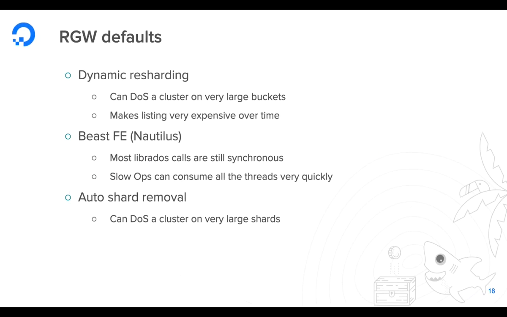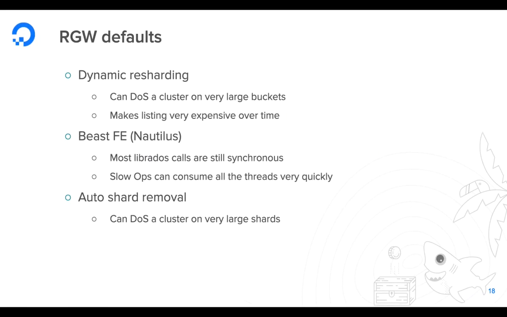We found in our testing that this performed extremely well, impressively well compared to CivetWeb in normal cluster conditions. But when we have this type of issue, not so much. So we tried to increase the number of threads in Beast and did some testing there.